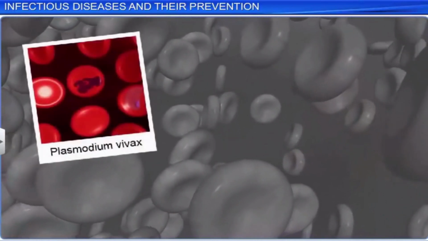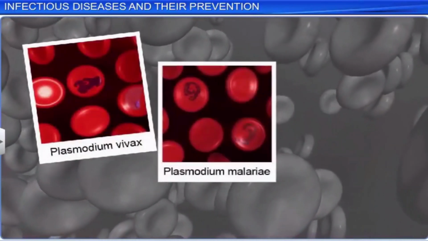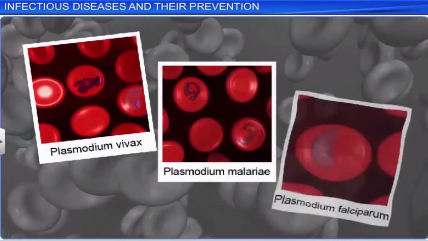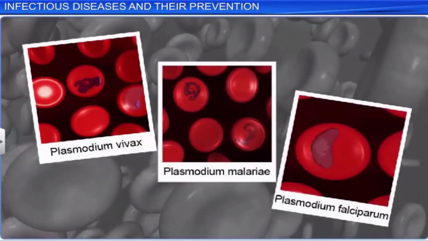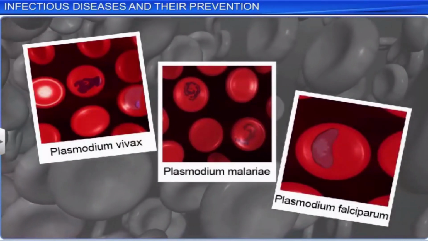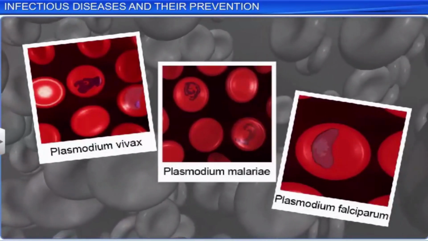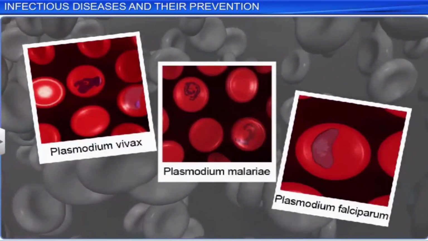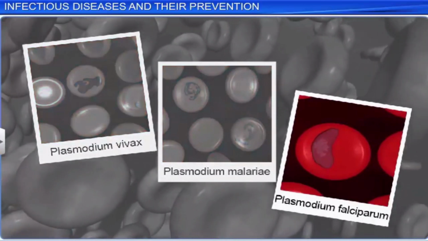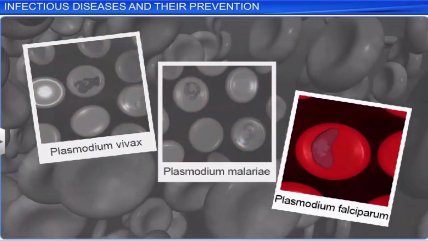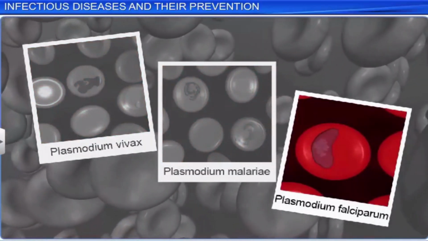P. vivax, P. malariae, and P. falciparum are different species of parasitic protozoa that are responsible for different types of malaria. Of these, P. falciparum causes the most serious and fatal type of malaria.